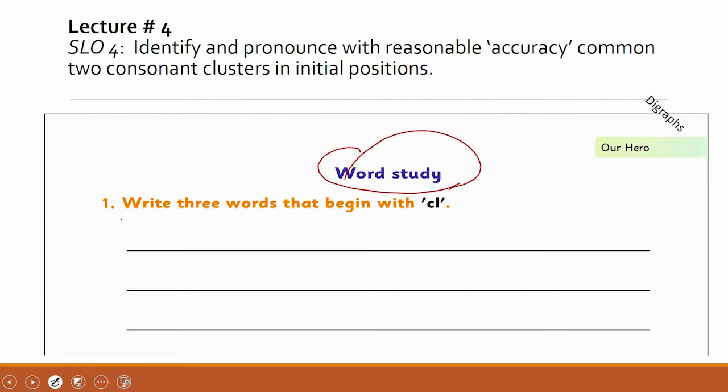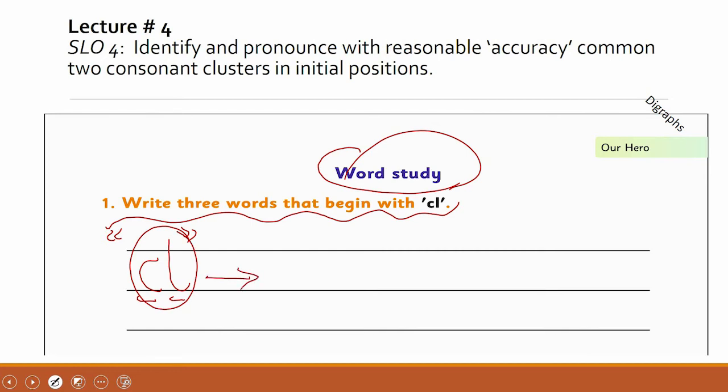Word study. Write 3 words that begin with the sound kl. The sound k, cat, and the sound l, lamp, come together to sound one: kl. Using this initial sound kl, we can make many words.